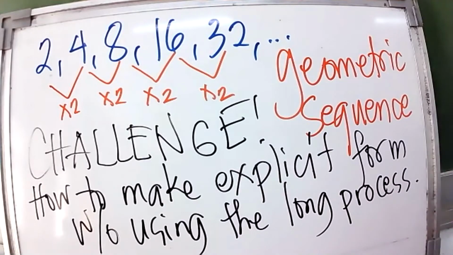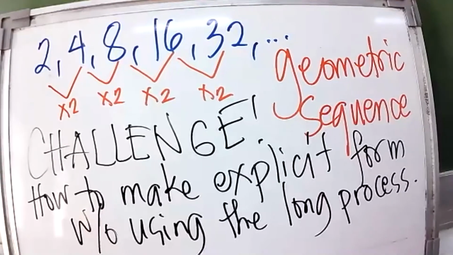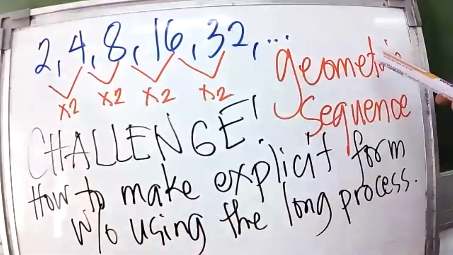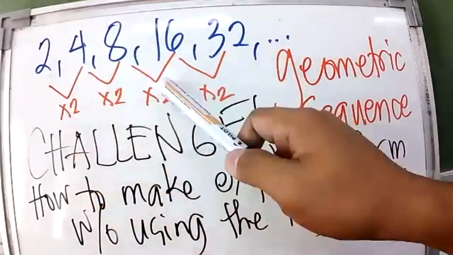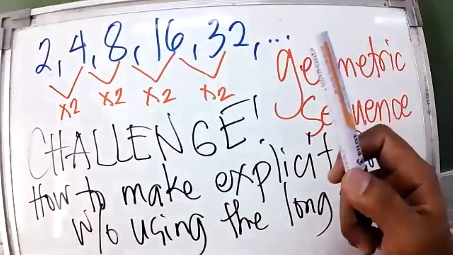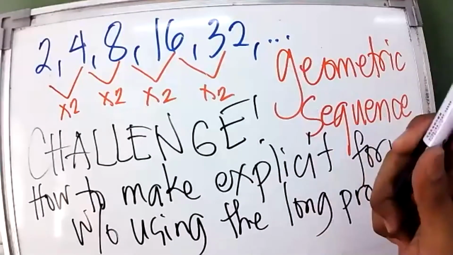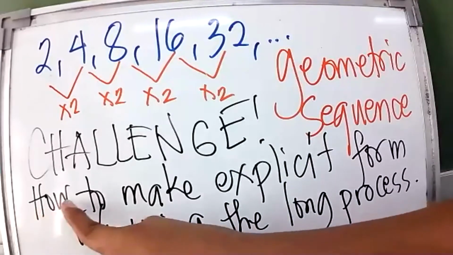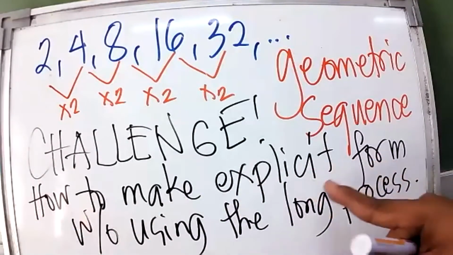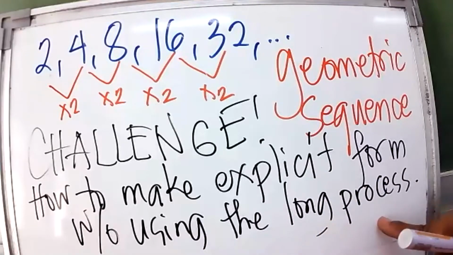Very good. Thank you for this challenge question. We have here the geometric sequence, and we are multiplying by 2 to get the next term. And so, the challenge is make a process how to make an explicit form without using the long process.